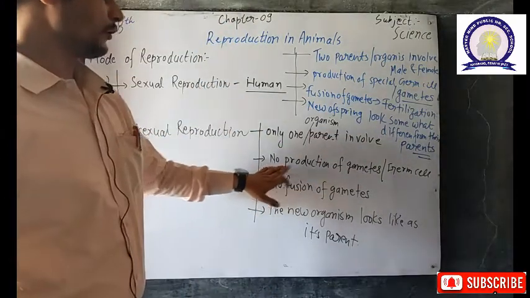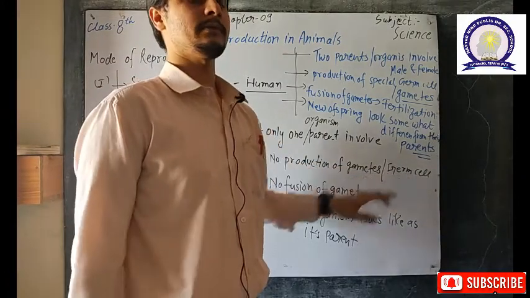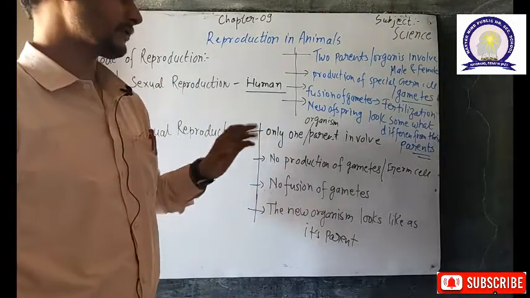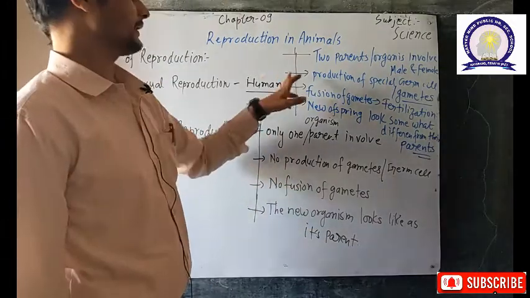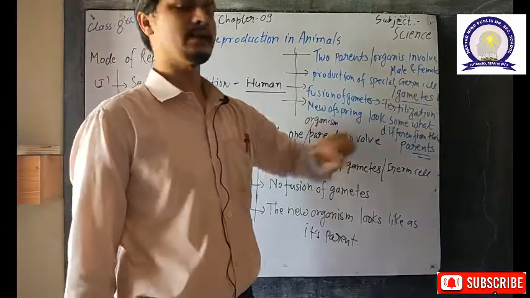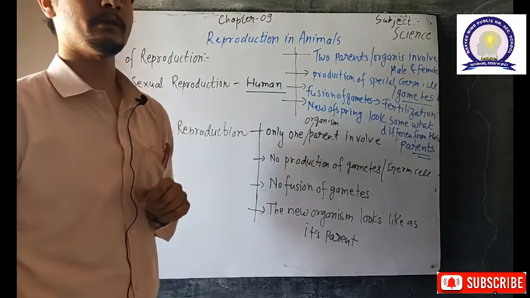Second, in asexual reproduction there is no production of gametes or germ cells. No special type of cell or gamete is produced, but in sexual reproduction, production of special germ cells or gametes takes place in every organism in which sexual reproduction occurs.